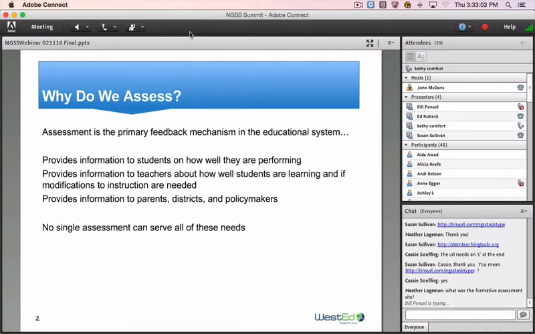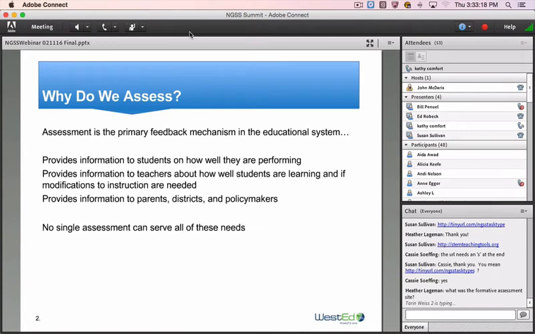So what I'd like to do in the next 20 minutes is a brief overview of why we need to assess student learning, introduce a continuum of assessment within a comprehensive system, and mostly focus on classroom assessment.